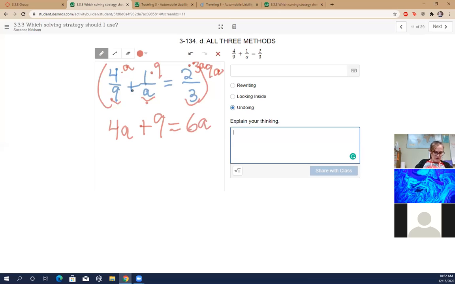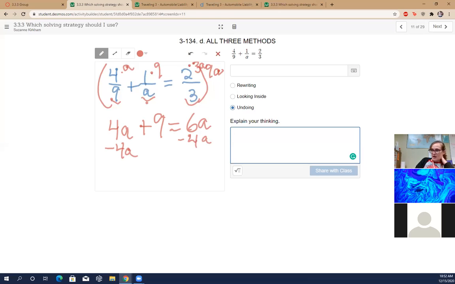And now we are ready to solve for a. Okay, so what's the first thing we should do? Subtract. Combine my terms. Yeah. So subtract 4a from both sides.